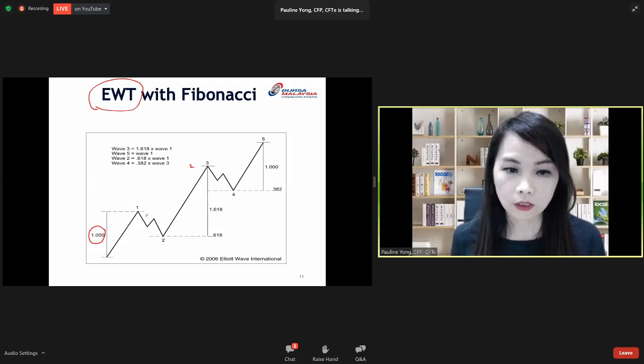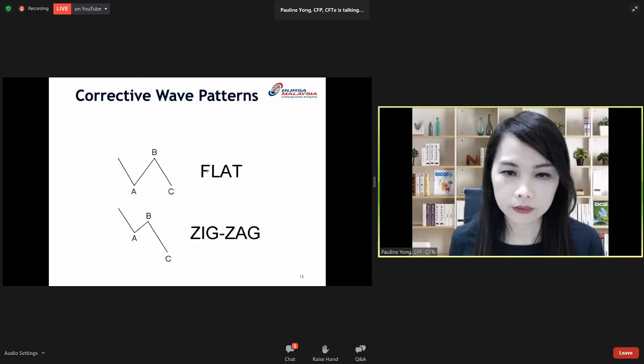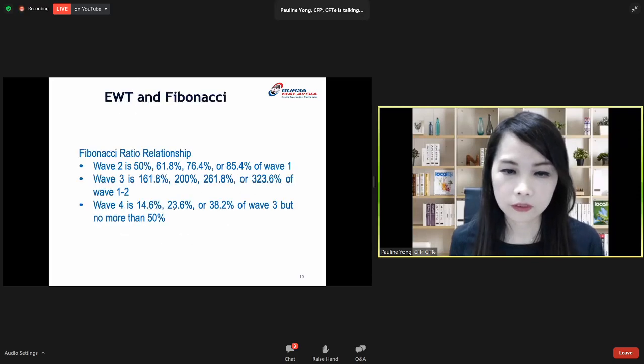Just now we said that wave number 2 has to retrace all the way to 61.8 and beyond. But wave number 4 is very brief. How brief? It says here 14.6, 23.6, and it's like less than 1/3. Basically, not more than half of it. That is for wave 4.